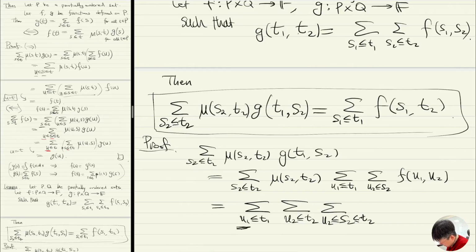So this is the variable, this is the variable, and then we have mu of S2 T2 and f of U1 U2.